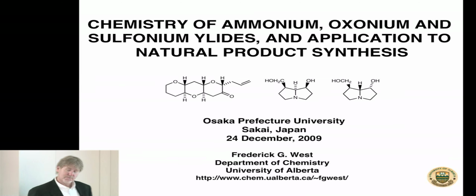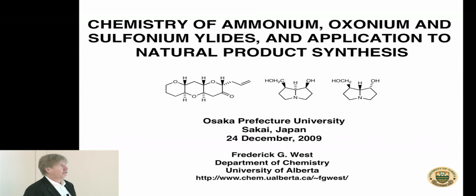So as Professor Toyota said, today I want to talk about ylids of nitrogen, oxygen, and sulfur, and how those ylids can be used for the synthesis of target compounds, possibly natural product target compounds. Our thinking originated with the idea of building heterocyclic rings using these ylids, such as the nitrogen rings found in these alkaloids or the oxygen rings found in this polypyran segment.